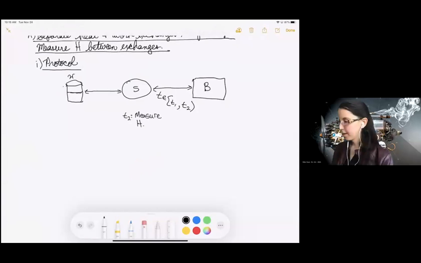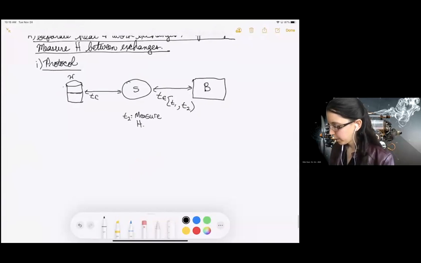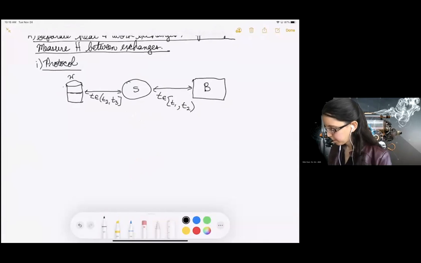Then during the next time step, we couple the system to the work reservoir. I should have said, we measure the Hamiltonian of the system of interest at T1, T2, and T3.